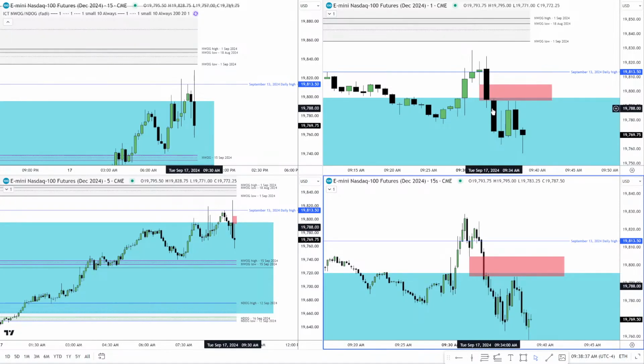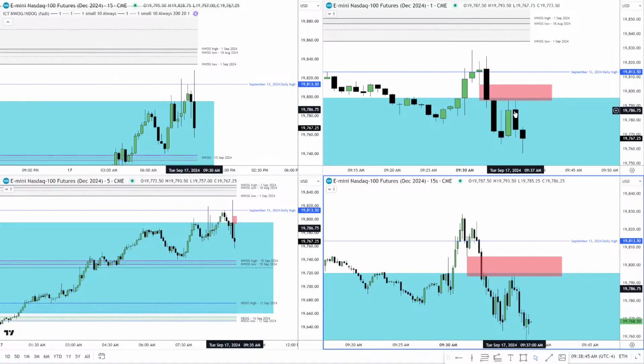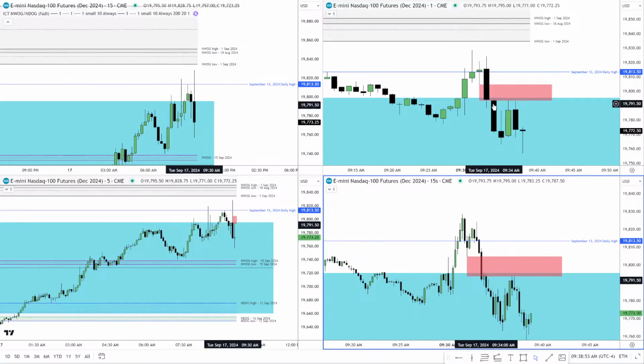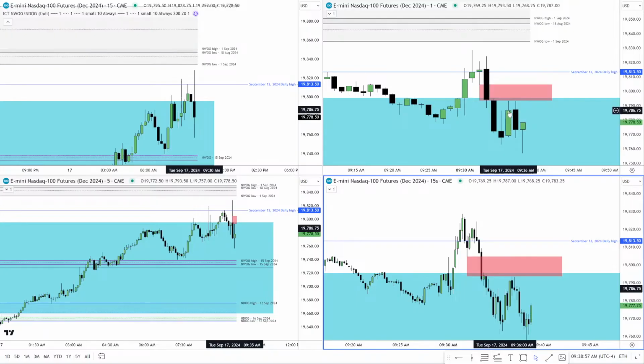We have yet to trade to number 3 candle's high, which is 19,795 even. And this one I think is probably the same price as that. Yeah, same highs. So we have to trade to technically 794.75. We have not traded there yet.